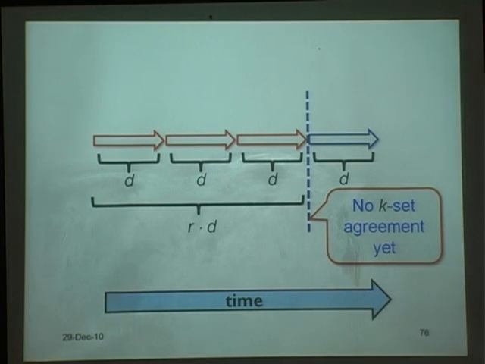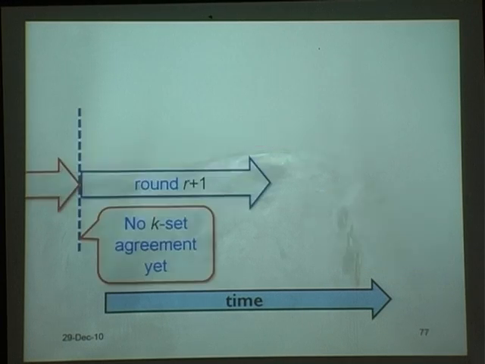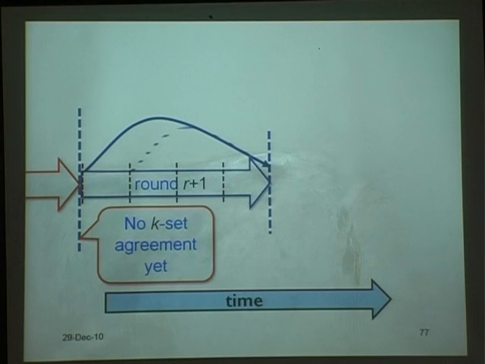So now we're going to bargain a little bit. I'm going to look at the round after we prove that you can't do k-set agreement. So here we show there's no k-set agreement. Let's look at the micro rounds after that. All the messages sent in that round are delivered at the end of that round.